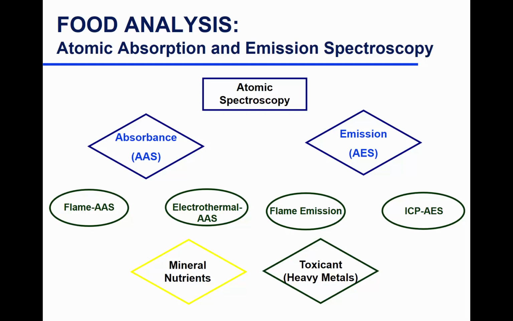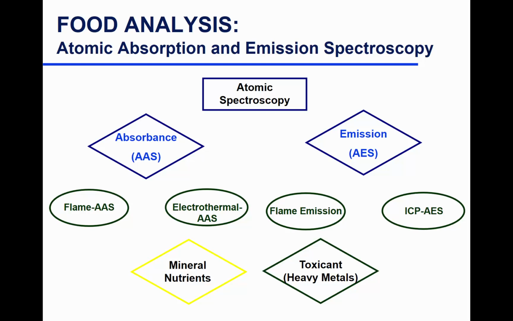But okay, in atomic absorption or atomic spectroscopy, you either measure absorption or emission. So you can do either. So you can have either atomic absorption spectroscopy or atomic emission spectroscopy. In atomic absorption spectroscopy, you can have a flame atomic absorption like you did in the lab, or most of you did.